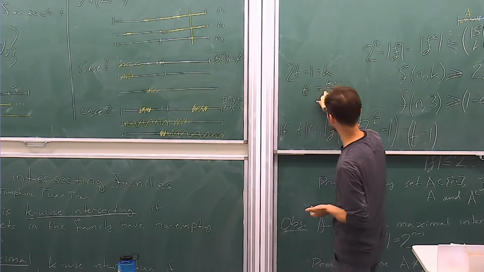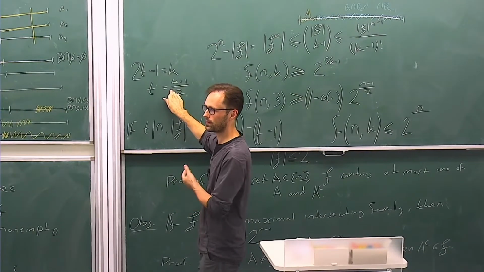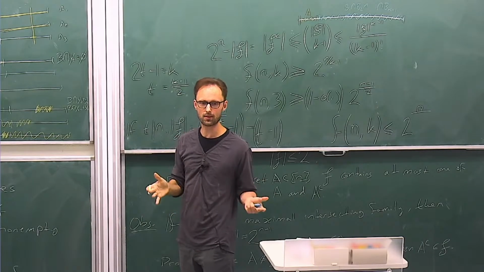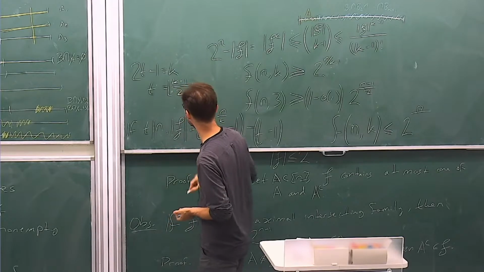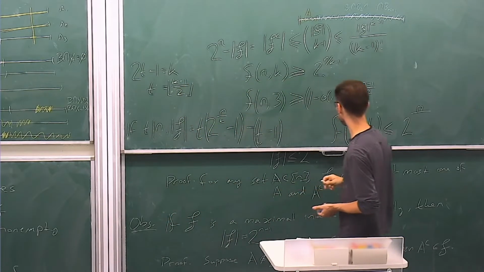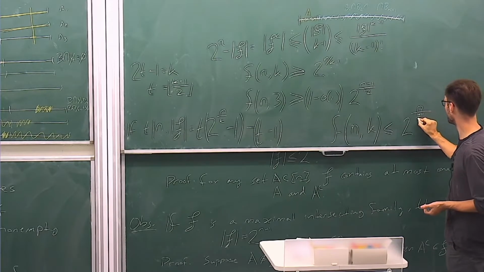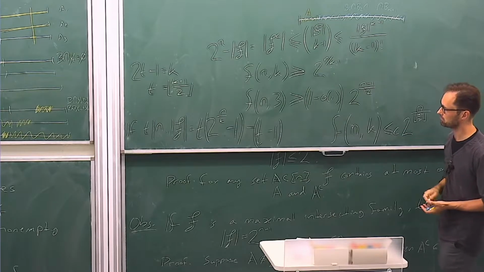But this is what it is for odd t. And the unfortunate fact is we don't know of any better construction for even t, except to just take the previous construction for odd t. So we may as well just put a 4 here. So n over k plus 1 over 2, 4, and then times some constant.